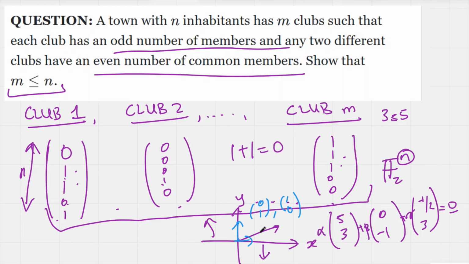Then no matter what alpha and beta are, if I add them up, I'm never going to get the 0 vector unless alpha and beta are 0. But we're going to avoid that trivial case. And so it turns out that these two vectors are linearly independent. So that's the reason we need m to be less than or equal to n, because if it was bigger than n, it wouldn't be true. I would be able to find alpha, beta, and gamma such that those add up to 0.